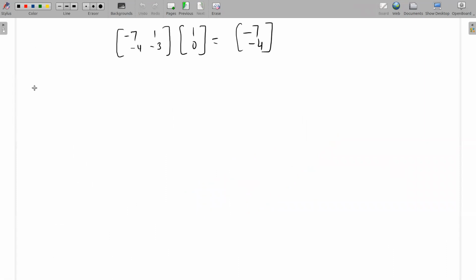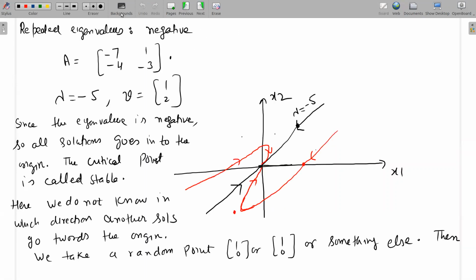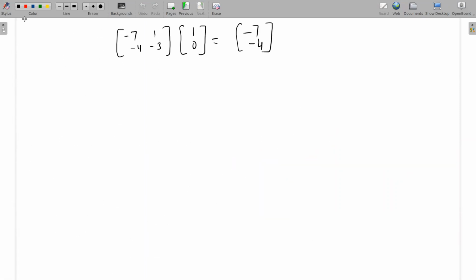Okay, so next example, repeated eigenvalues, both positive.